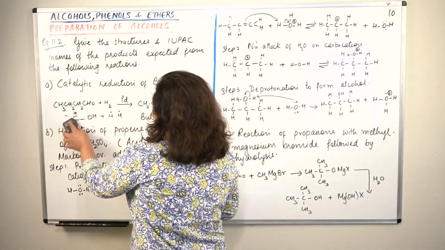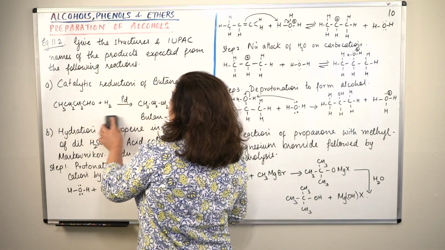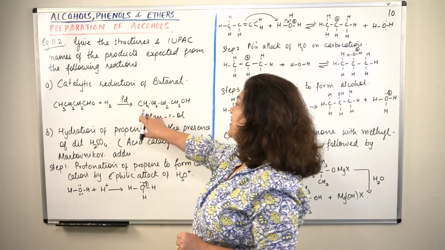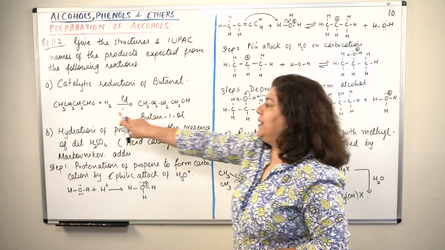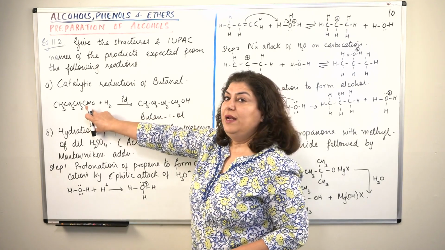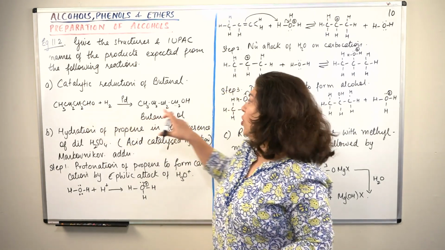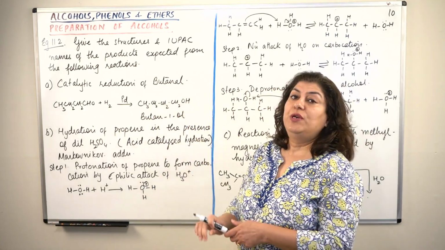So let me just rub this off and see the compound again. We have butanal. Hydrogen adds to it in the presence of palladium. It results in the formation of CH3, CH2, CH2, CH2OH. One hydrogen adds to carbon, so it becomes CH2, and one hydrogen adds to oxygen, so you get OH. So this is the structure, and how would you name this compound?